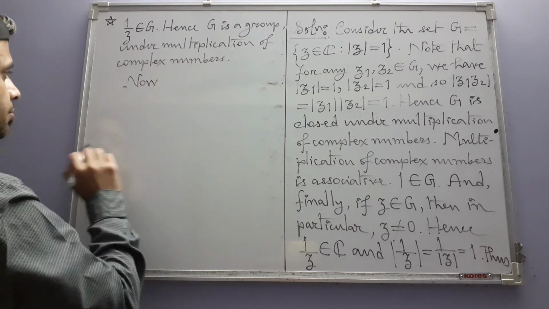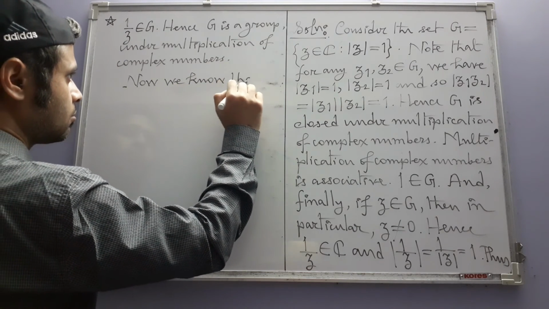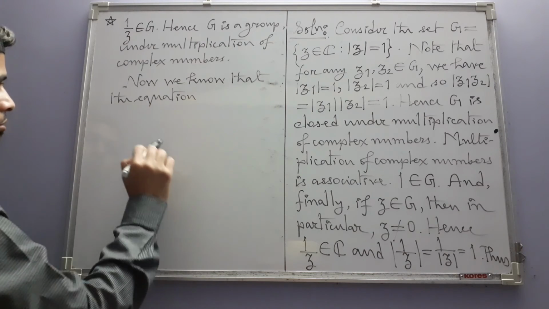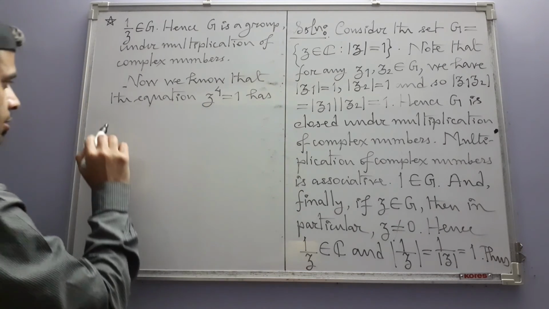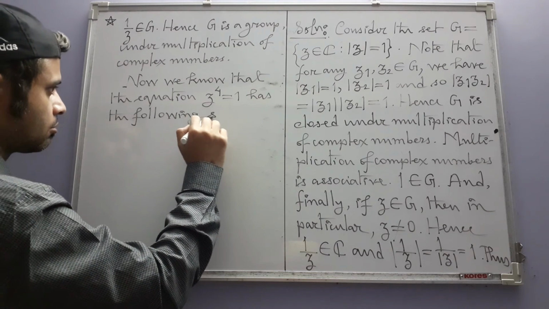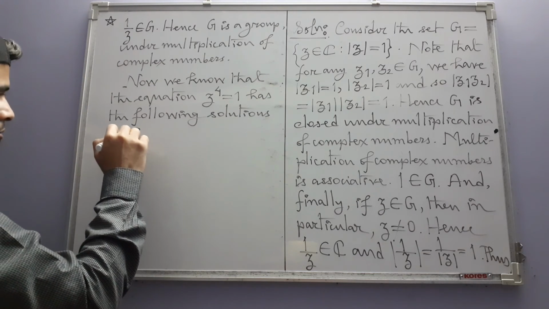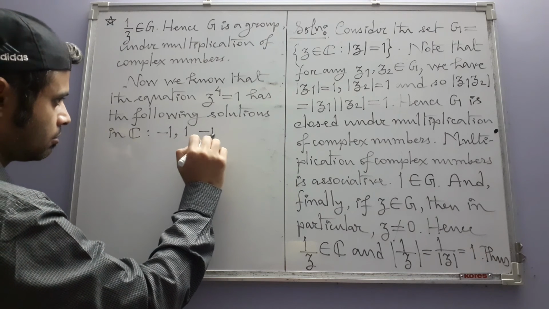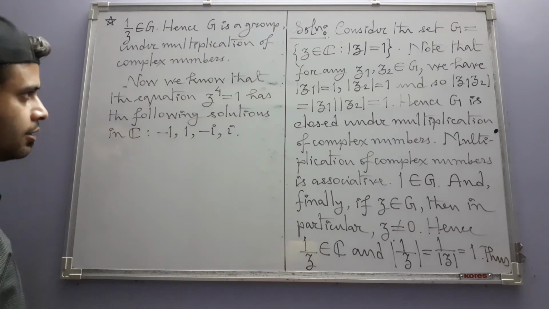Now we know that the equation z to the power 4 equal to 1 has the following solutions in the field of complex numbers: -1, 1, minus i and i, where i is of course your complex imaginary unit, square root of -1.